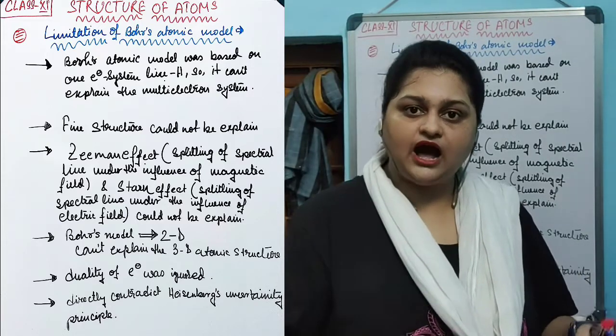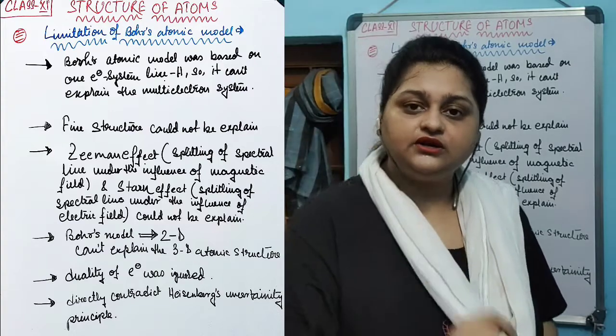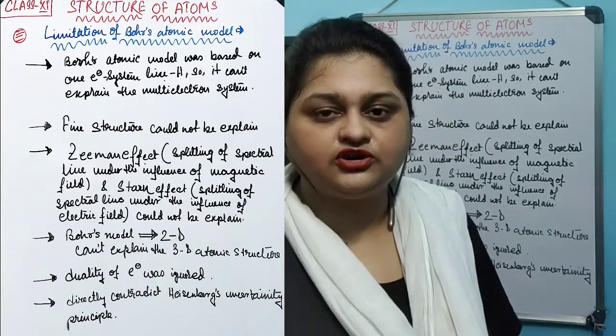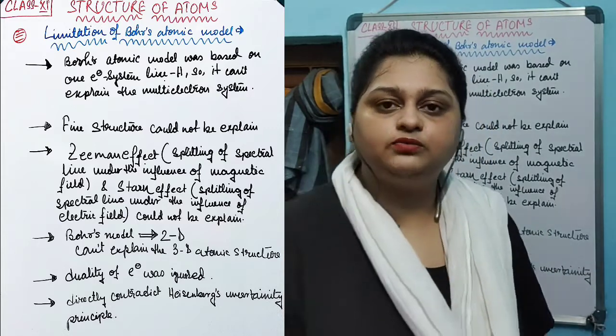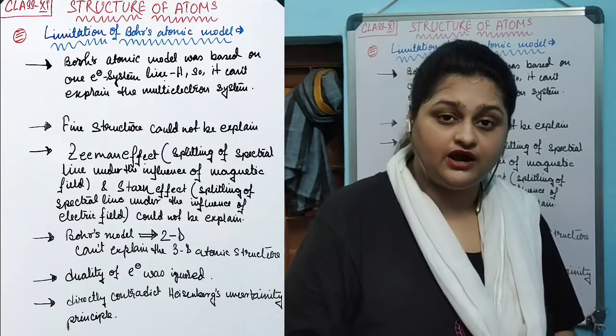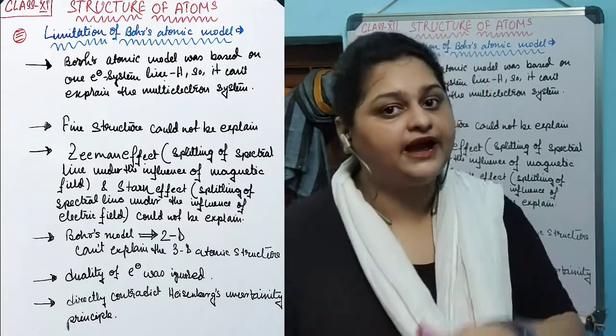Now, this fine structure was found by a high resolution spectroscope, but the spectral lines that we get in the emission spectra also split into multiple lines under the influence of electric field and magnetic field.